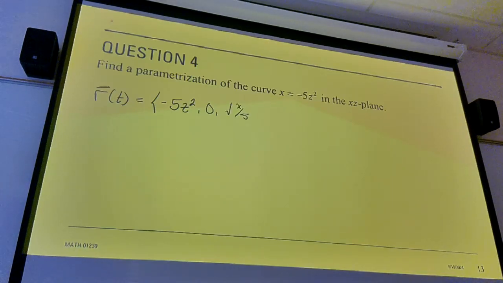What's your parameter? So all real numbers. You have two variables in there. Should be t. That wouldn't work. So which of those two is your parameter? Just z.